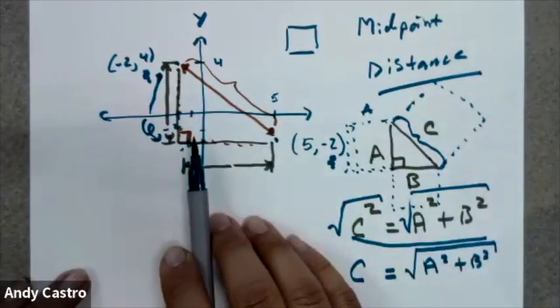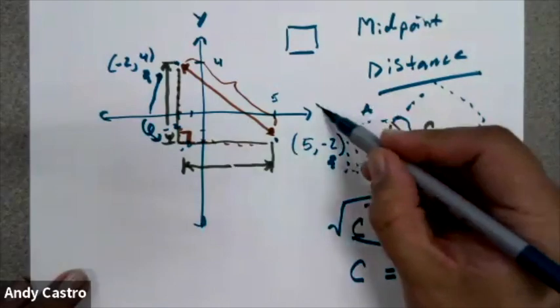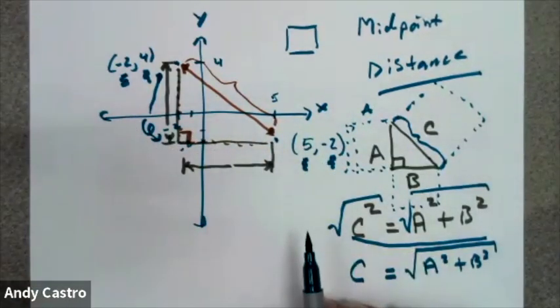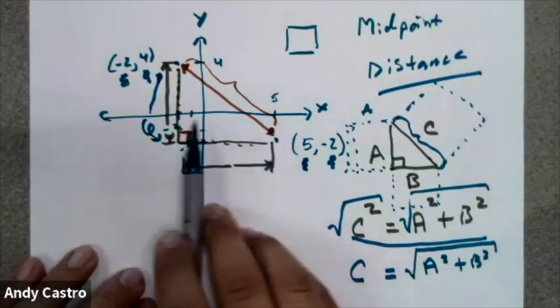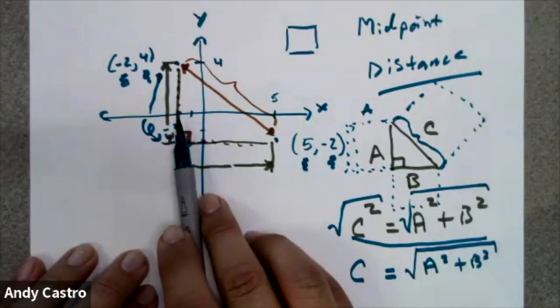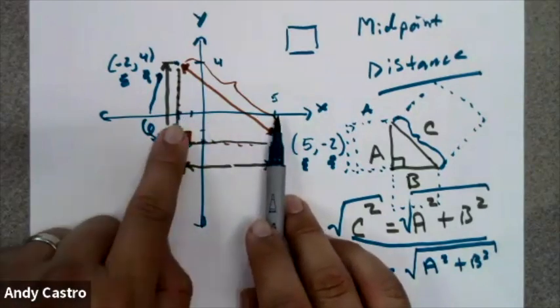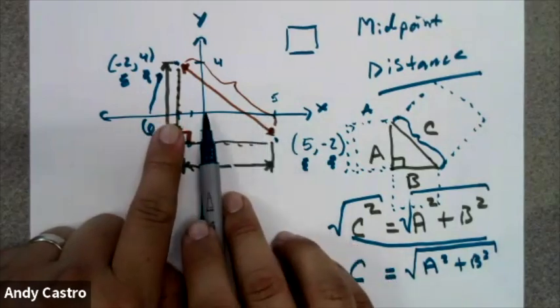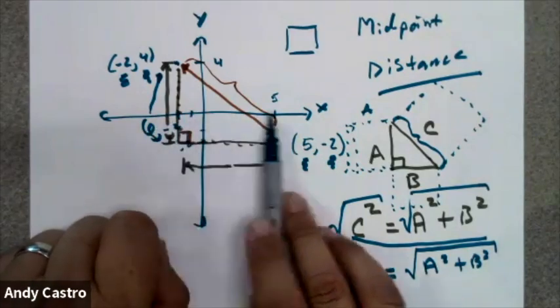Okay, and then from here, if we look at the x-axis, those are going to be the first two numbers here, right? If we look at how far this side is, we're here at -2, and we're all the way out here at 5. So what's this distance here? This distance is 7. 5 here, and then 2 there. That's 7.